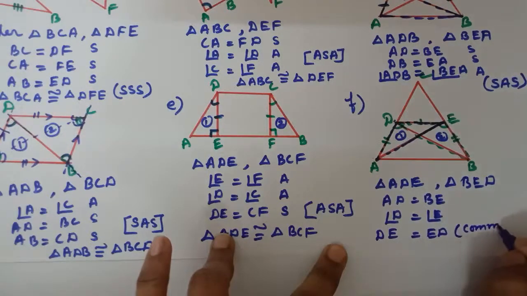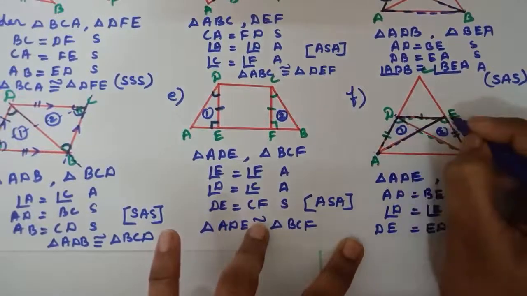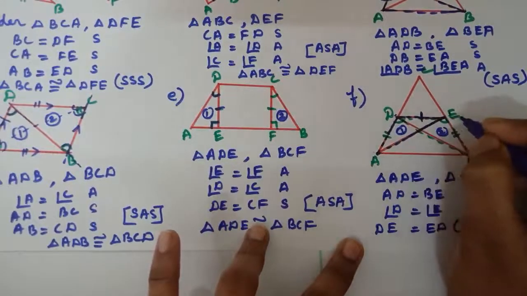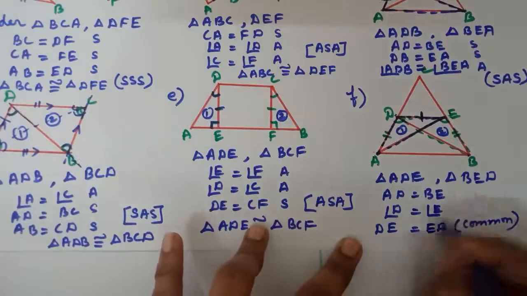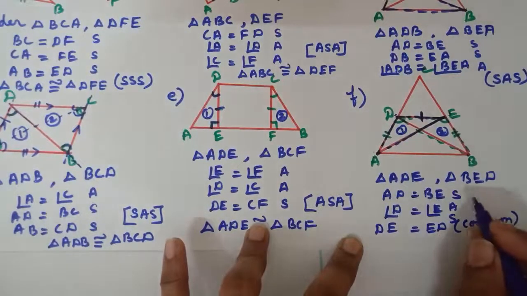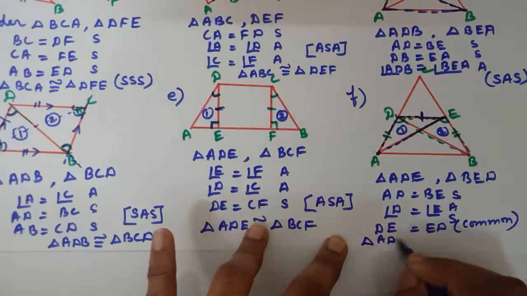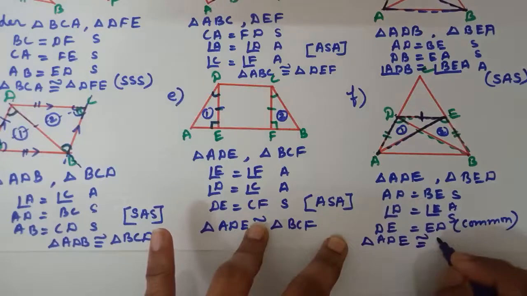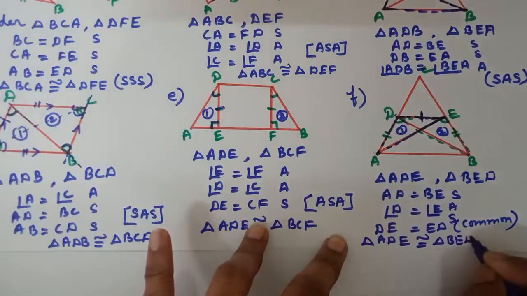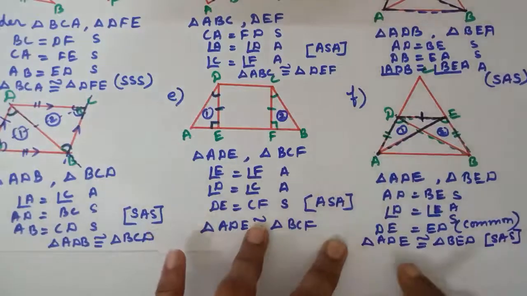Just look at this figure. So this is side, angle, side. So by using SAS congruence rule, we can say triangle ADE is congruent to triangle BED by using which congruence rule? SAS congruence rule. Is it clear, students? Good.